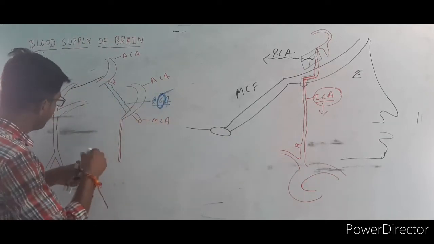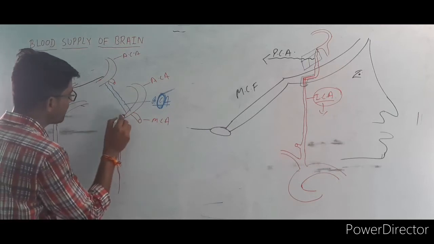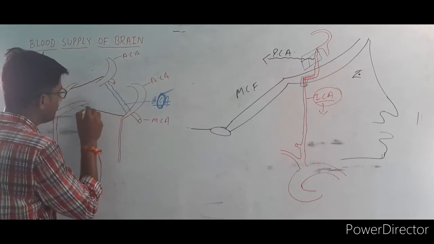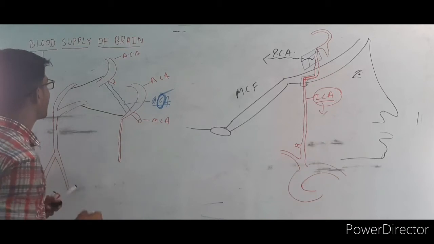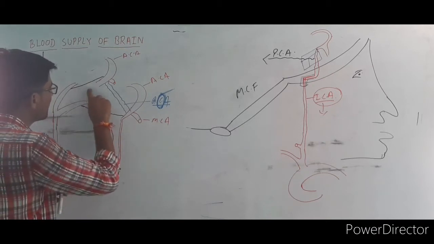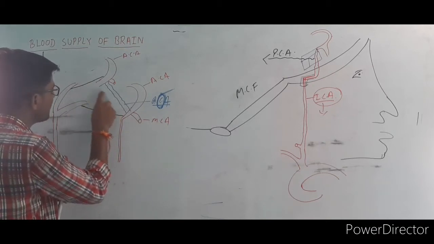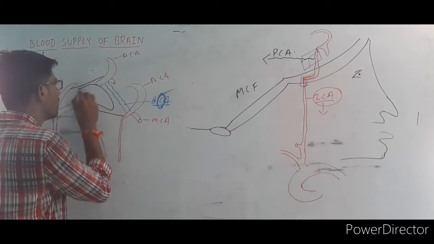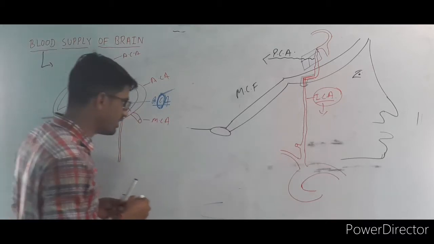Now from here one branch will come. This is called the posterior cerebral artery. Can you see here one circle-like structure? This circle-like structure is called the circle of Willis.